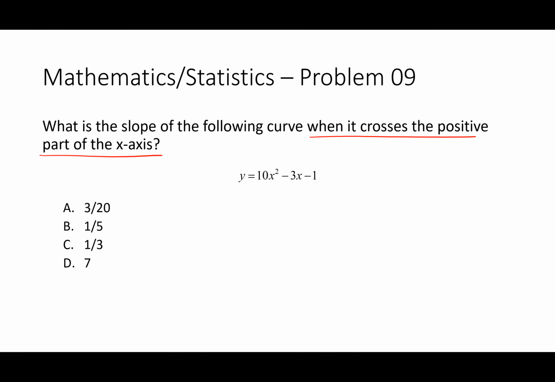Whenever something crosses the x-axis, it means when y equals 0. So when does this thing cross the x-axis? Well, it's when y equals 0. So 0 equals 10x squared minus 3x minus 1, which means x is 3 plus or minus the square root of minus 3 squared minus 4 times 10 times minus 1, all over 2 times 10.